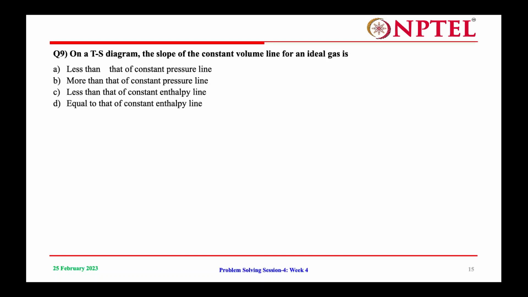Now question 9: on a TS diagram, the slope of a constant volume line for an ideal gas is: less than that of a constant pressure line, more than that of a constant pressure line, less than the constant enthalpy line, or equal to that of a constant enthalpy line.